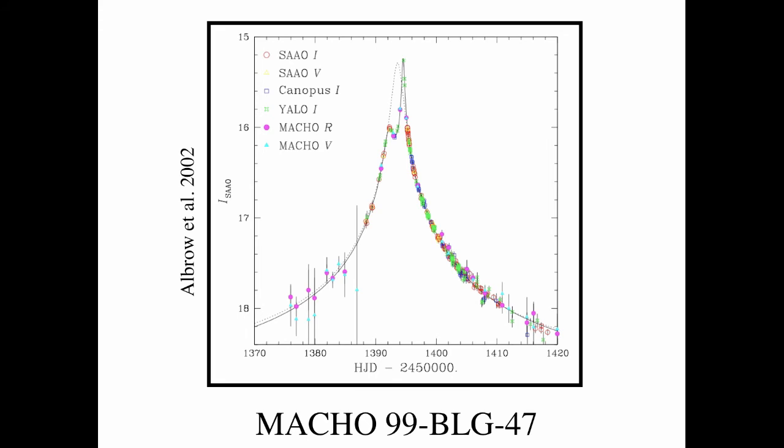Typically, you can't get this kind of large asymmetric double horn shape in a planet. It's pretty tough. But again, it's the same principle. If you see a deviation near the peak and it's got this double horn shape, it's not always easy to tell by eye whether it's a planet going in the back end of a central caustic or whether you're going 45 degrees from a close wide binary caustic.